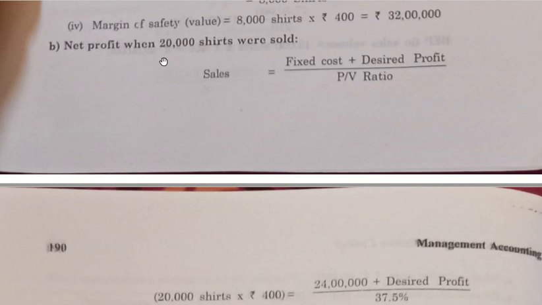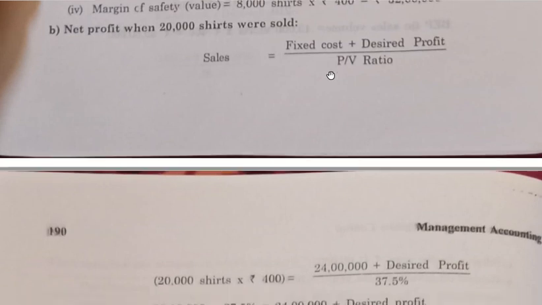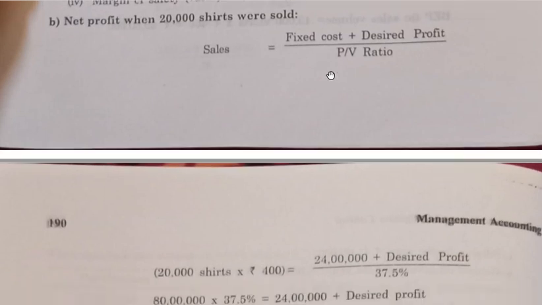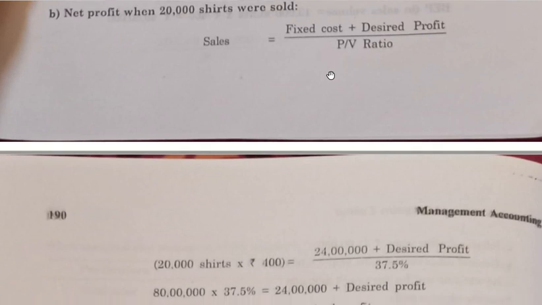So net profit when 20,000 shirts were sold. Okay, so you have sales is equal to fixed cost plus desired profit divided by PV ratio. When are we supposed to use these formulas? When they tell us to find out the profit for so and so. So it is like a desired profit that we are supposed to find out.